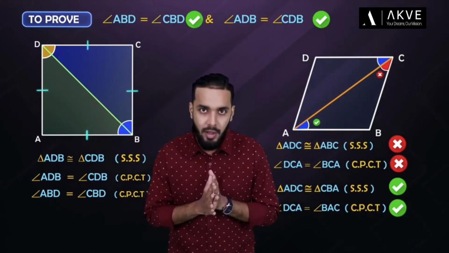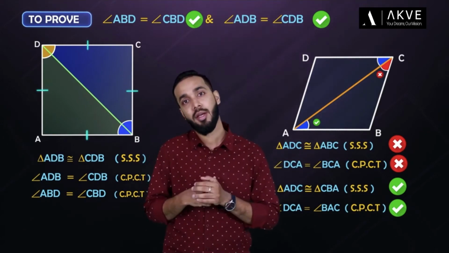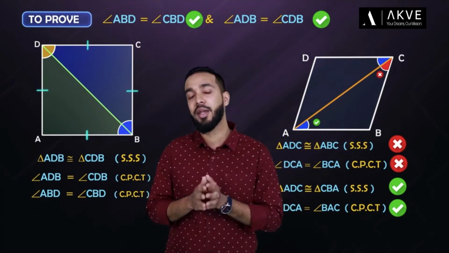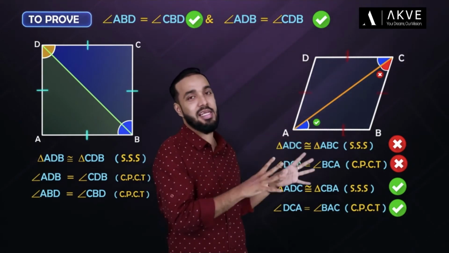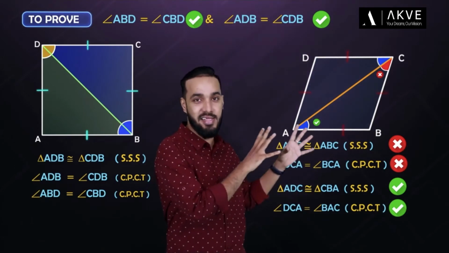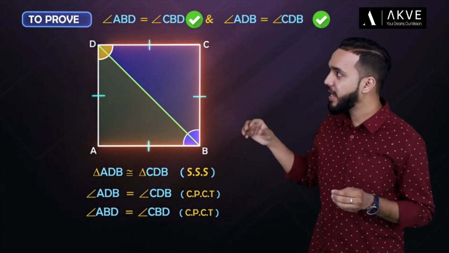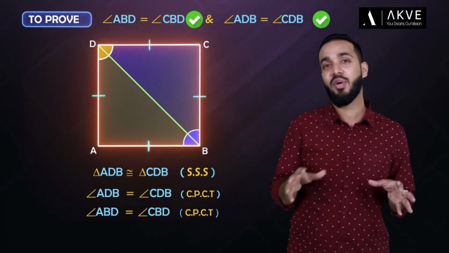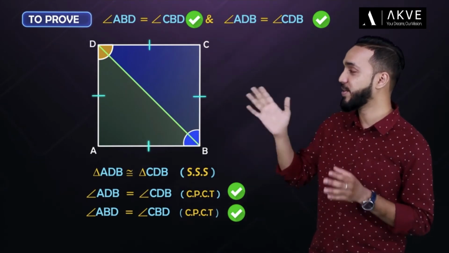Now, if you remember, we tried to use the same method in the previous question, but it did not work there because we had not proved until then that all the sides are equal. So we couldn't prove the required angles equal that way. Here, we have already proved that all the sides are equal, which is why we can easily say that the required angles are also equal.